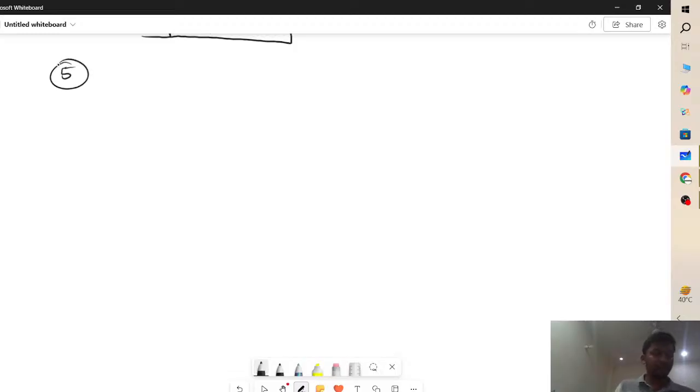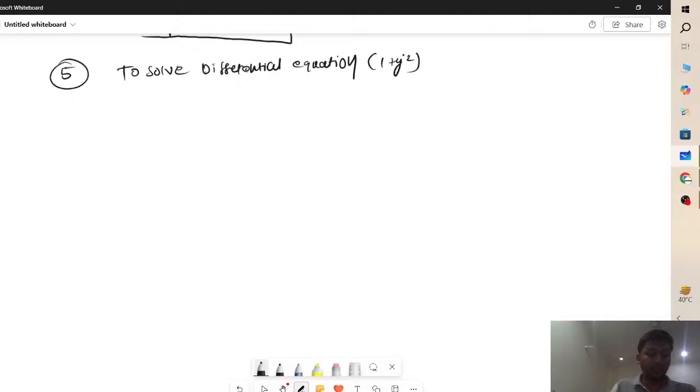Which is to solve differential equation: 1 plus y square, 1 plus log x, dx plus x times dy equals to 0.